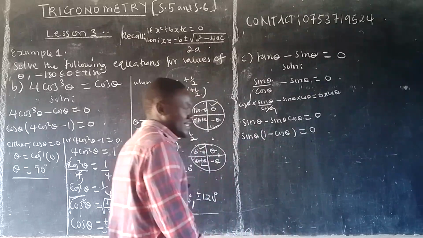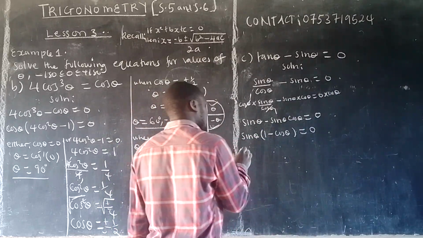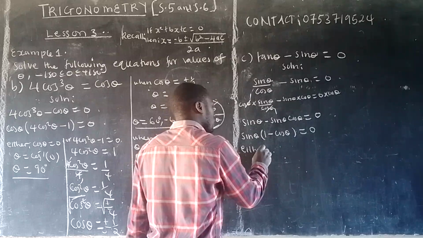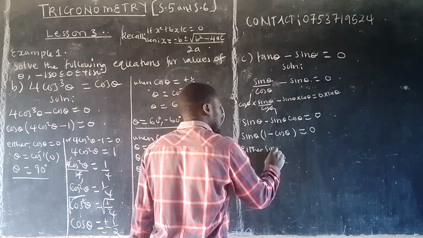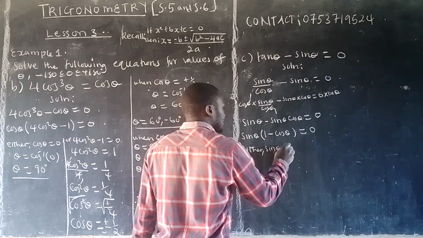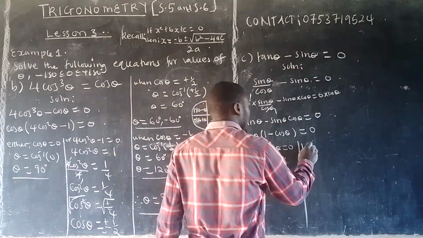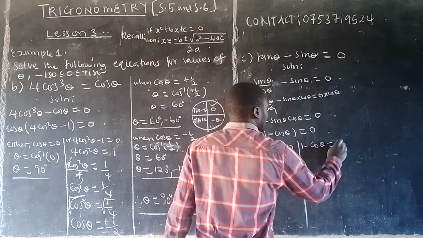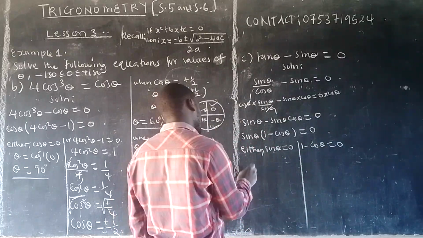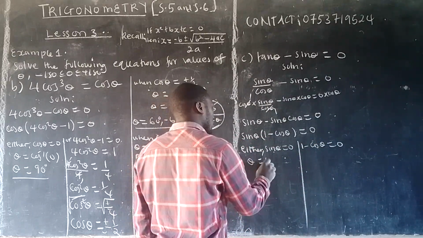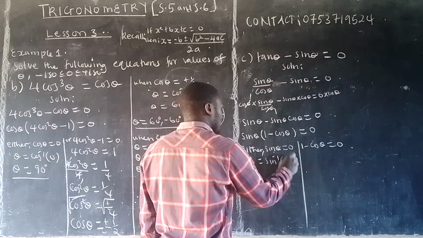You know what next? Either or. So either the guy outside the bracket, sine theta, is equal to 0, or this guy here, the 1 minus cos theta, is equal to 0. Come to this. You see that now theta is equal to a sine inverse of 0.